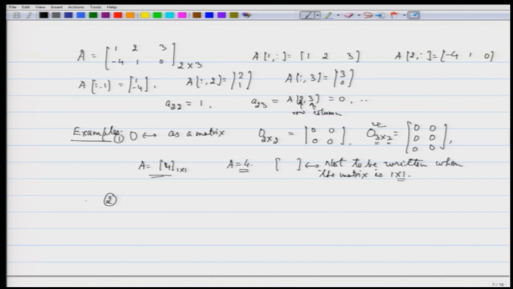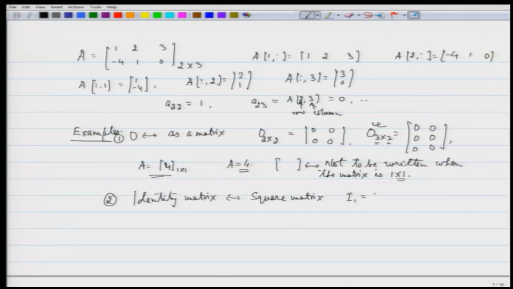The second example is what is called an identity matrix. This is a matrix which is a square matrix. So, if you look at the matrix 0, 0 could have been a rectangular matrix, could have been a square matrix also, but identity matrix is always a square matrix.